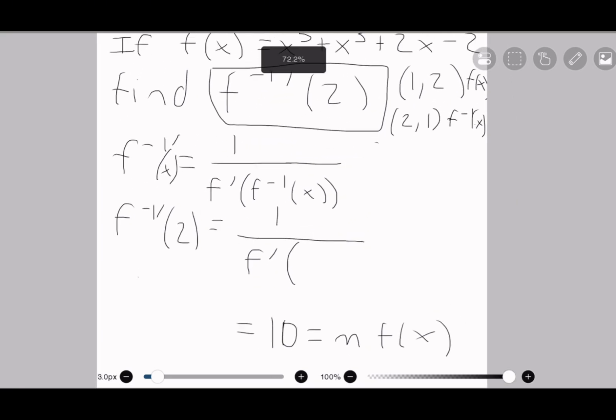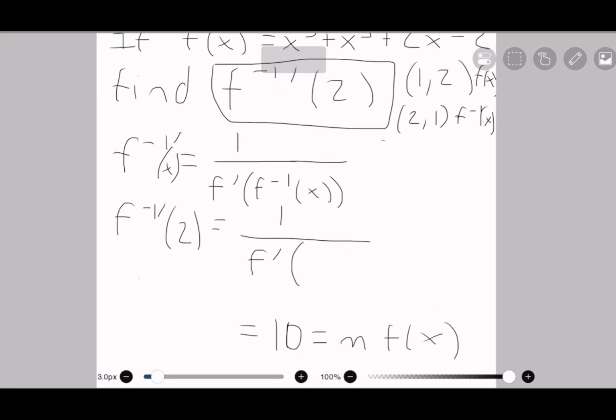When we found that out, we figured out that the point at f of x is (1, 2). The inverse equation is the opposite, which is (2, 1). So, using this information, your f inverse at x is basically just saying what value gives you the y value of x.